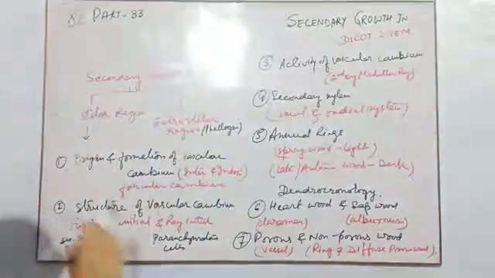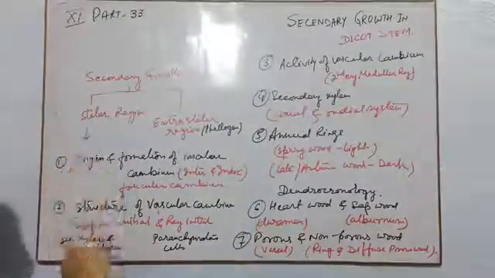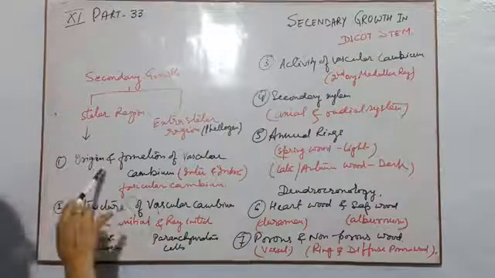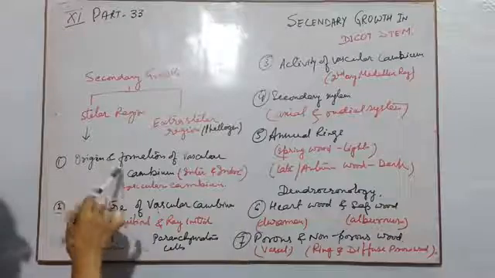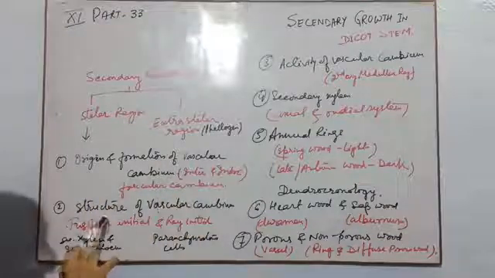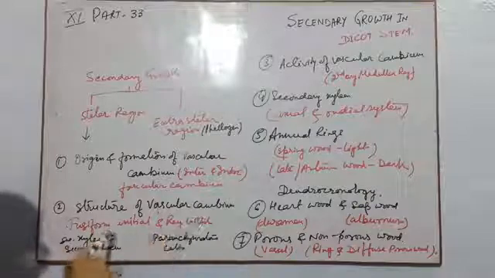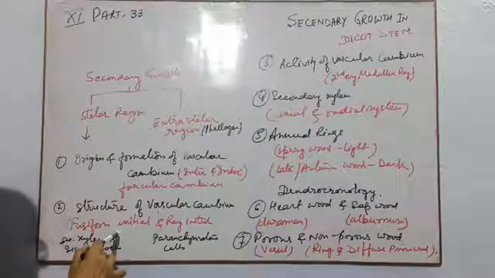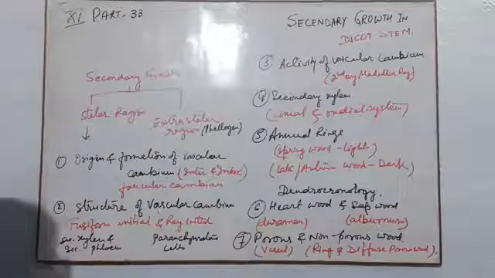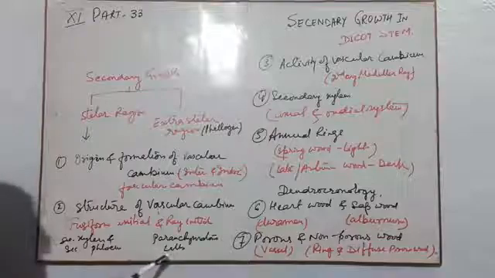So children, for secondary growth, today I will teach you about the stelar region. First, the origination and formation of cambium, either inter- or intrafascicular. Then the structure of the vascular cambium, formed by fusiform initials or ray initials.